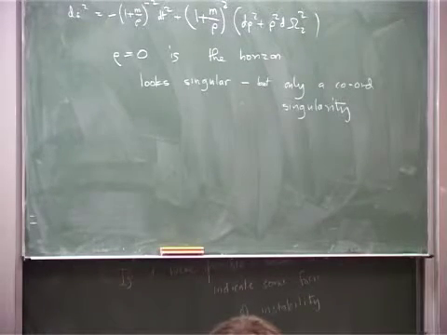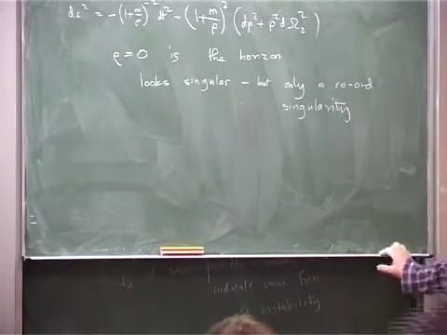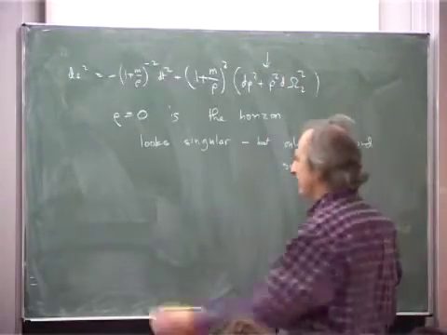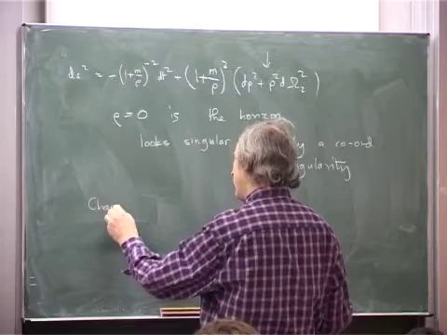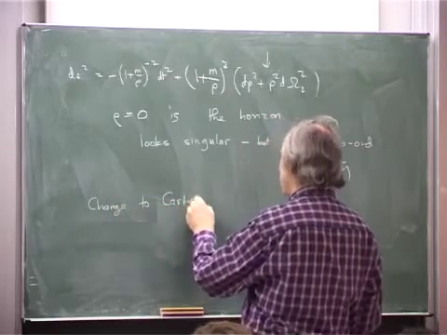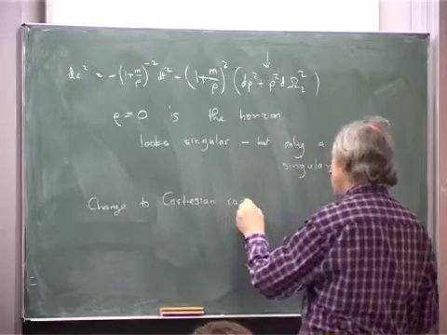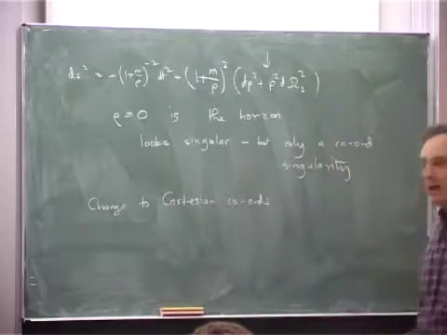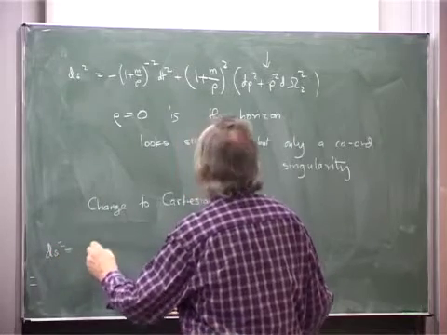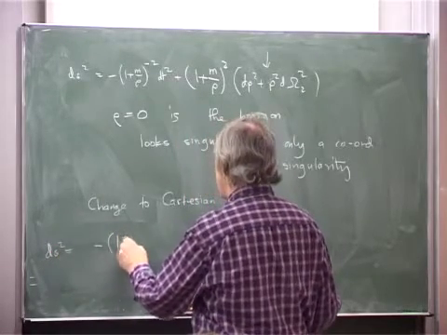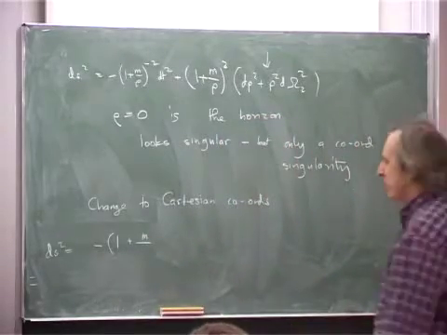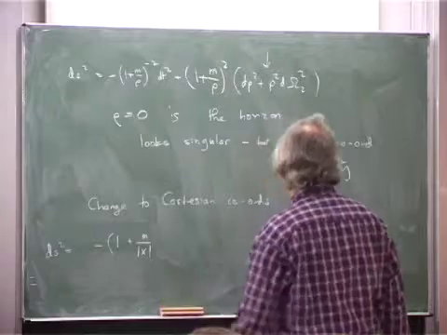So, the next step is to construct Cartesian coordinates on this R3. If you do that, you'll end up with a metric that looks like ds squared is minus into 1 plus m over, well, I suppose I would call rho the modulus of x.